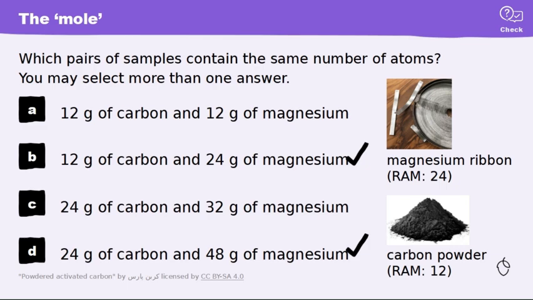And 24 grams of carbon and 48 grams of magnesium is actually 2 moles of carbon and 2 moles of magnesium, and again, they would also contain the same number of atoms.